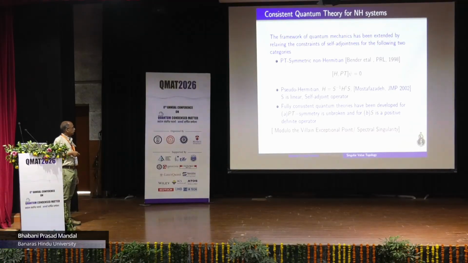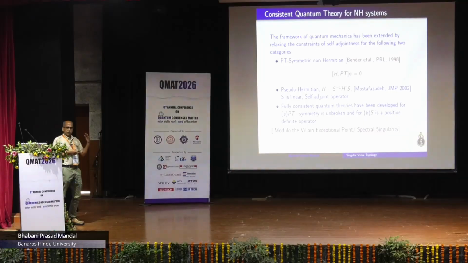In both categories, this leads to a consistent quantum theory if the PT symmetry is unbroken and this S operator is a positive definite operator. Of course, there is a problem that we'll talk about a little later: the presence of exceptional points or spectral singularities. They are the villains that do not allow a consistent quantum theory.